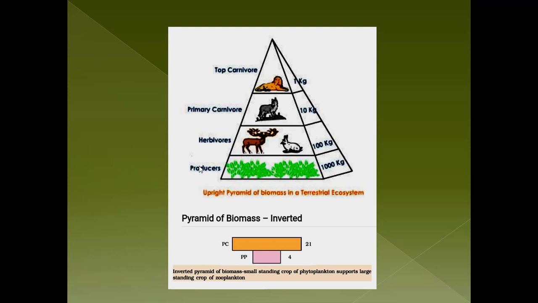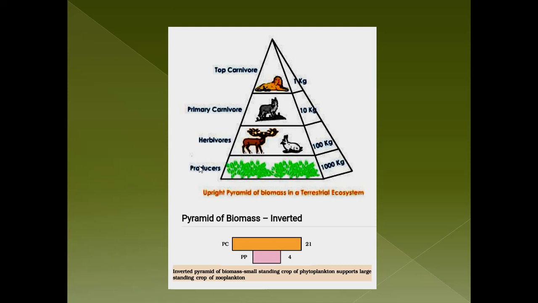And lastly, the top carnivore, the lion shown there, so the total dry weight or biomass will be 1 kg. So like this, starting with 1000 and ending up with 1 kg, that is how the sharp decline in the total dry weight of the body takes place in the pyramid of biomass.